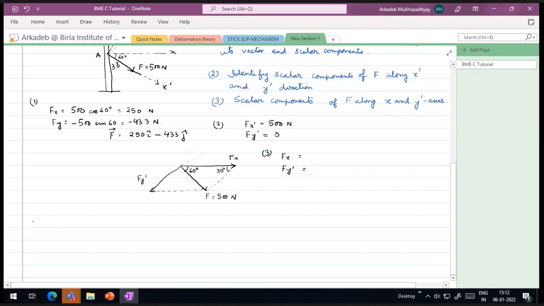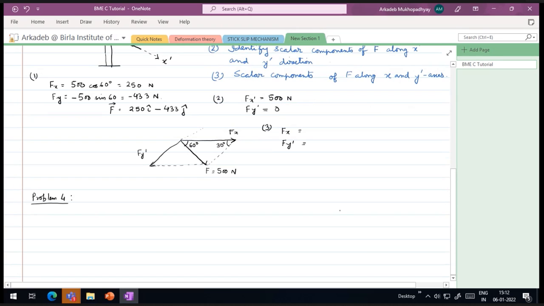Problem 4. You have an I-beam like this.